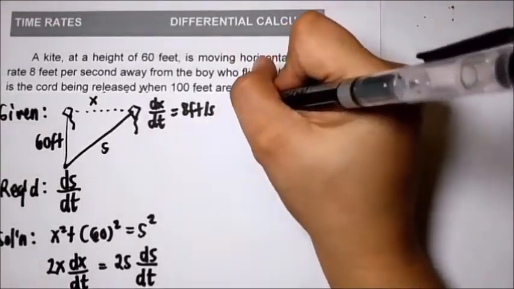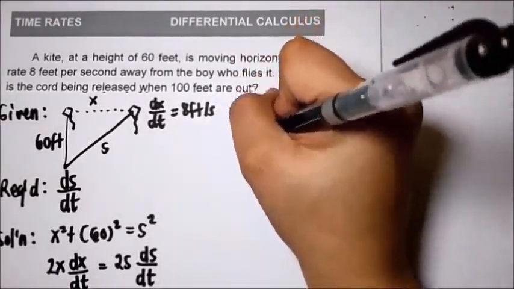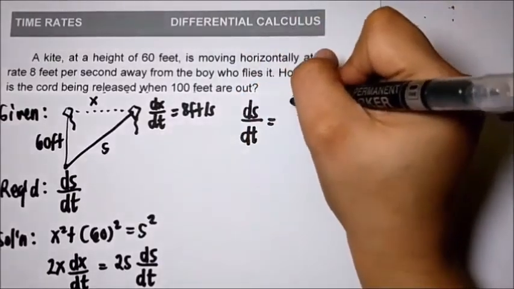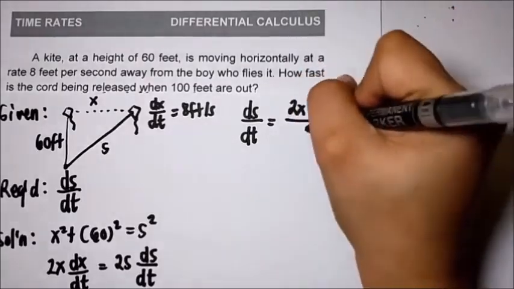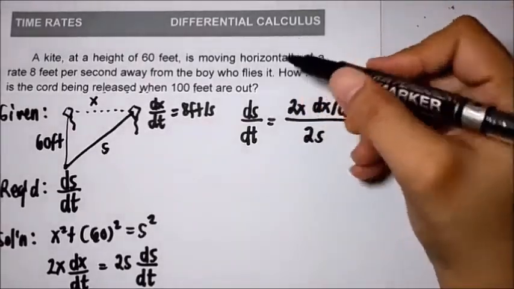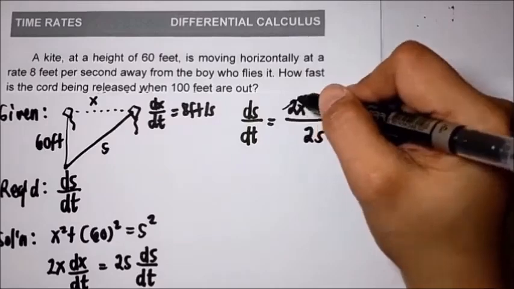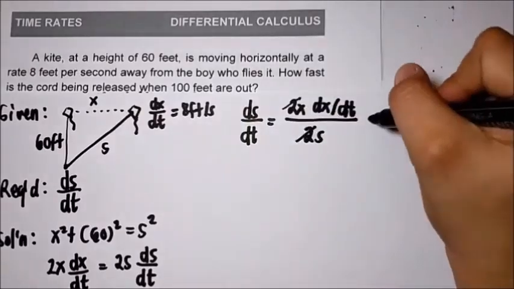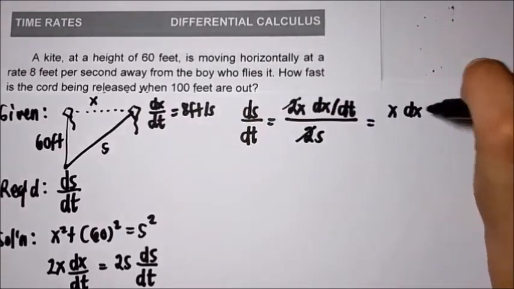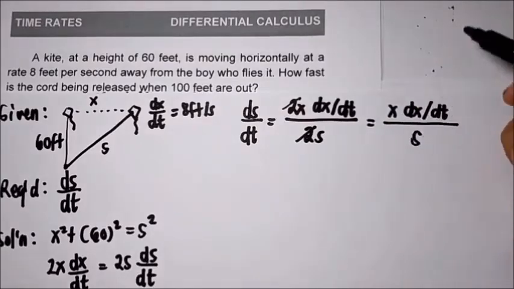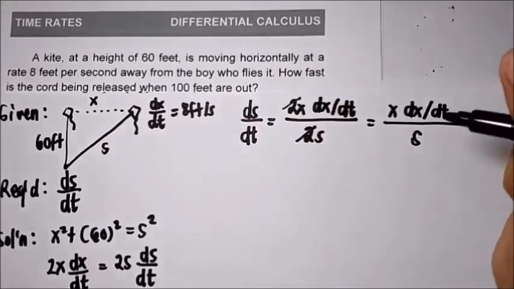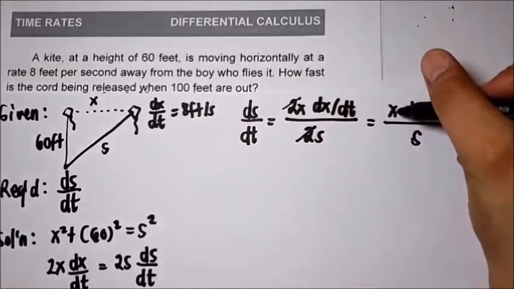We'll now have ds over dt equal to 2x dx over dt over 2s. We can still simplify this by dividing 2 and 2. So this would now be x dx over dt all over s. Let's substitute our given. Do we have the value for x?